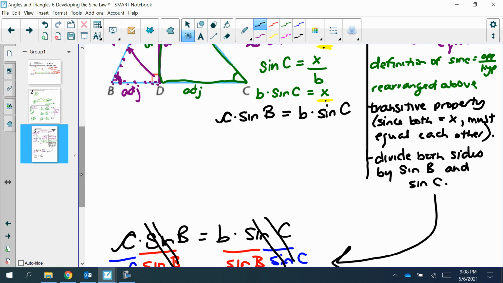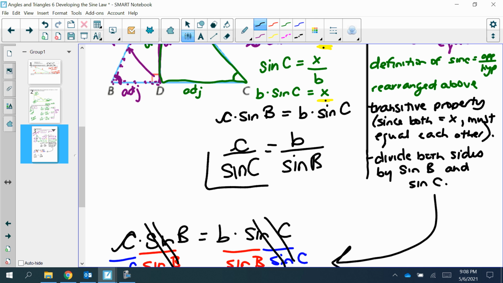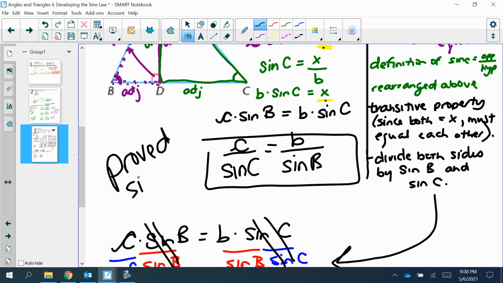And so what we end up with, again, is lowercase c divided by the sine of angle c equals lowercase b divided by the sine of angle b, which is what it was asking us to prove. And so from here, we've proved the sine law.